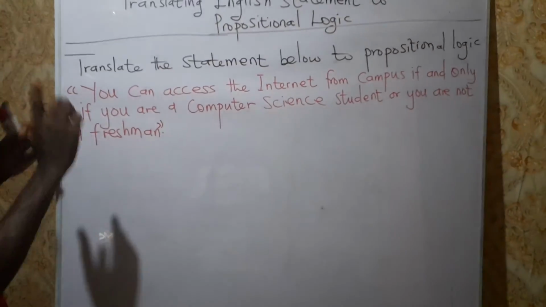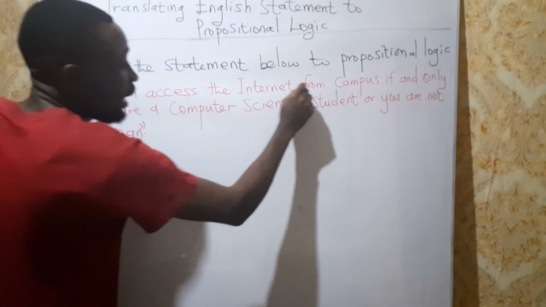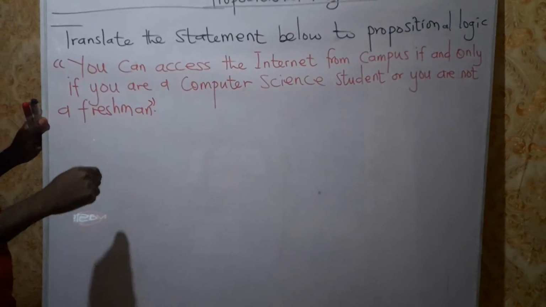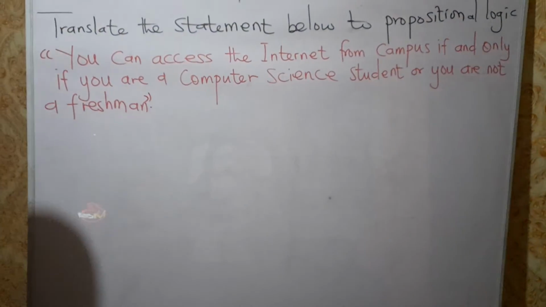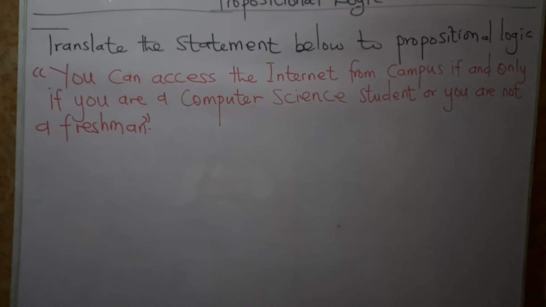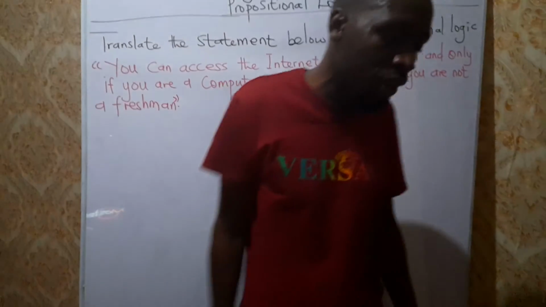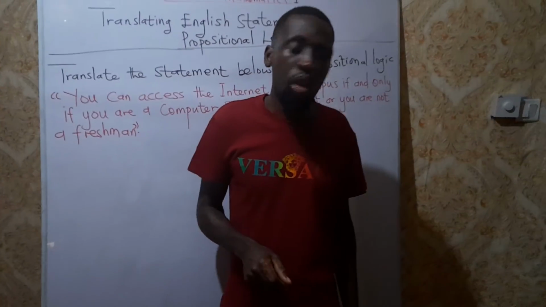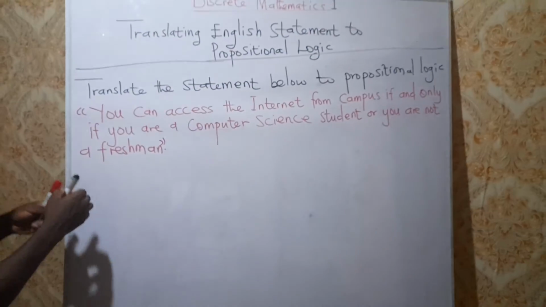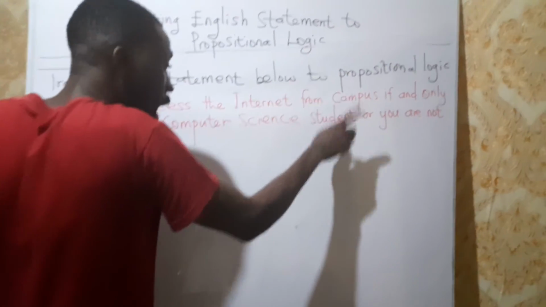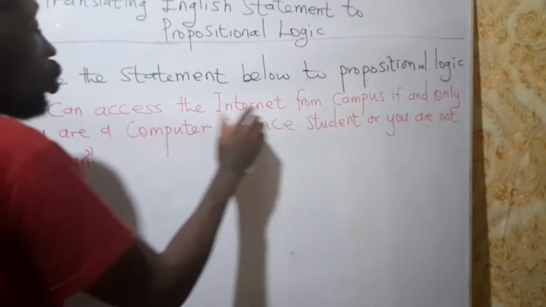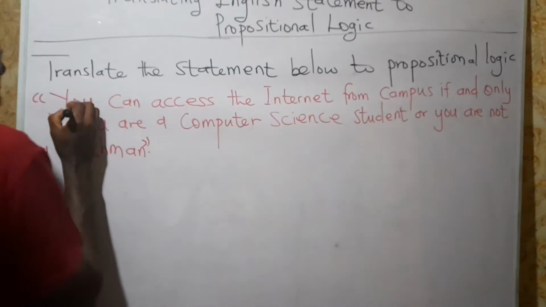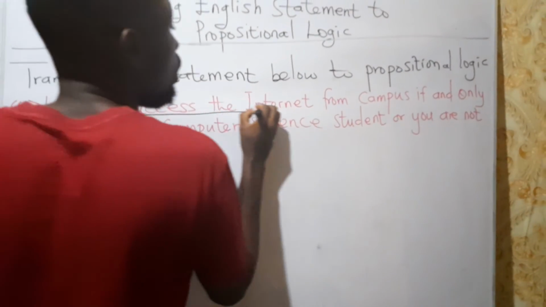So remember, let's take it. You can access the internet from campus if and only if. So that becomes a biconditional statement. And remember, anytime you have a conditional and a biconditional statement, there is a hypothesis and a conclusion. So let's locate the hypothesis. You can access the internet from campus. If you look at it, there is no logical operator in that statement, and that becomes one aspect of the proposition.